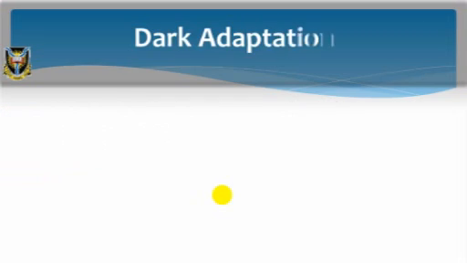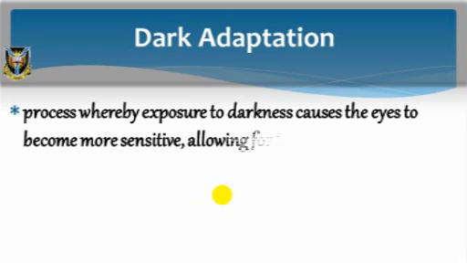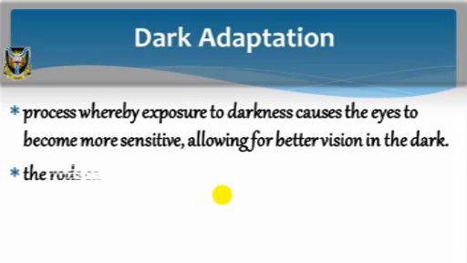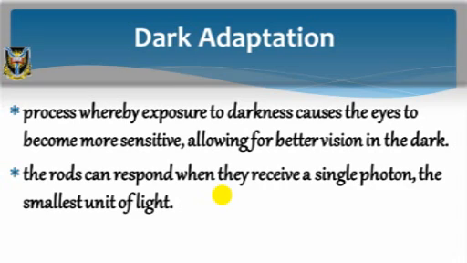Dark adaptation. This is the process whereby exposure to darkness causes the eye to become more sensitive, allowing for better vision in the dark. When you first enter a darkened theater, you can't see a thing. You may have noticed, though, that the risk of tripping or bumping into someone is a lot less if you wait for a brief time, because you soon can see much better.